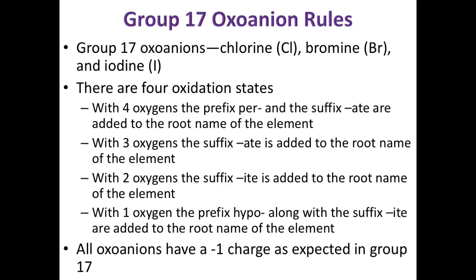So, for example, ClO4 minus is perchlorate. With 3 oxygens, we lose the per, but we still keep the ate and add that to the root name. So we end up with ClO3 minus, and that is chlorate.